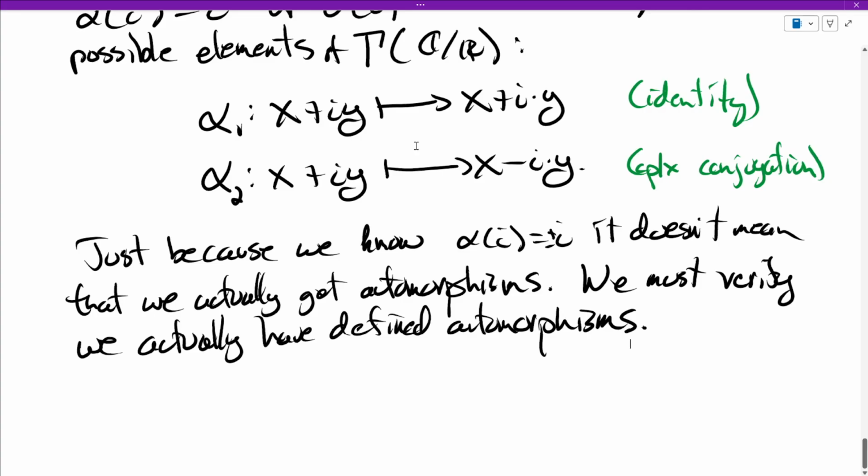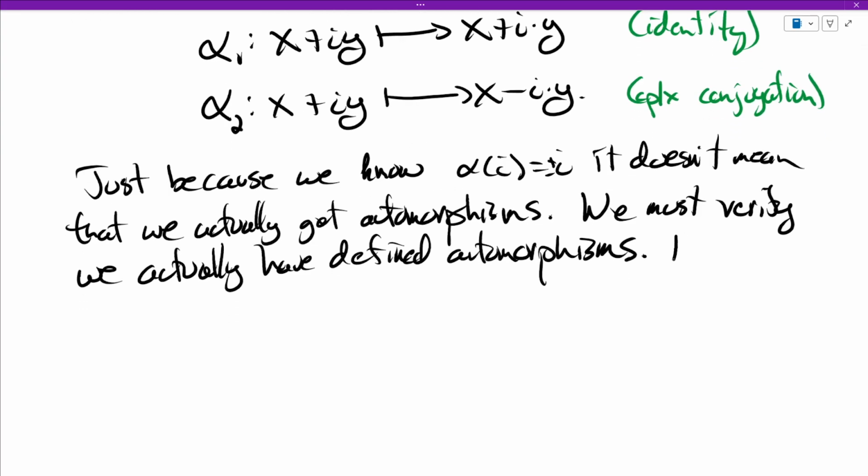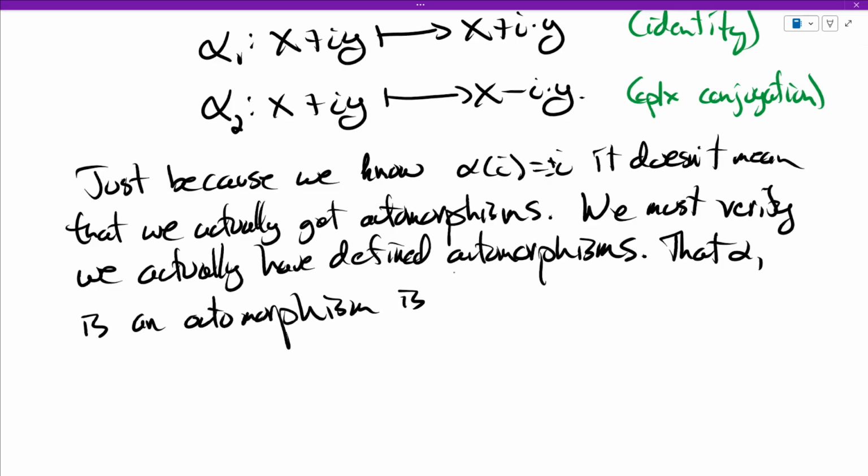Now, alpha 1 is the identity. We know the identity is an automorphism, so there's nothing to do there, but we don't automatically know in the general case that whatever we write down is going to be an automorphism. So it needs to be checked. That alpha 1 is an automorphism is true.